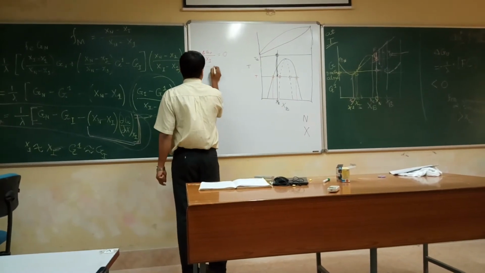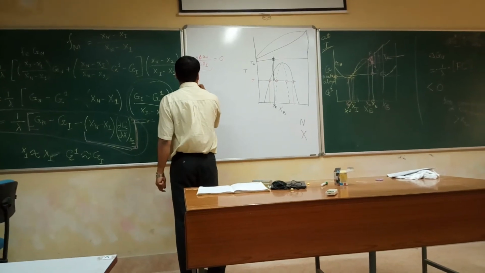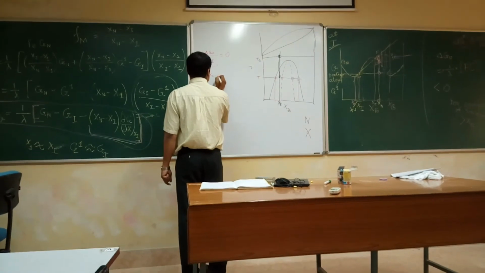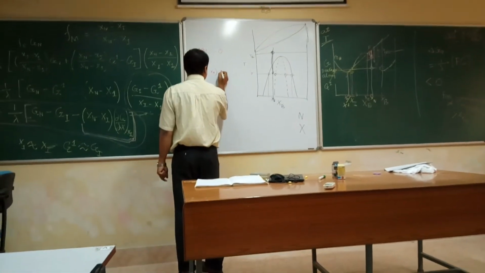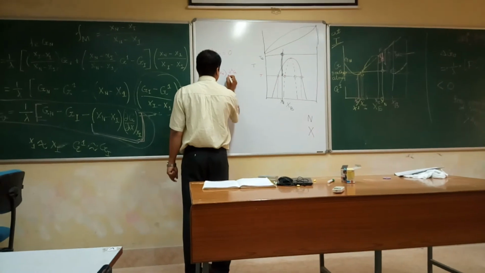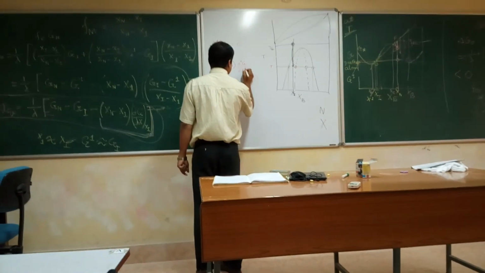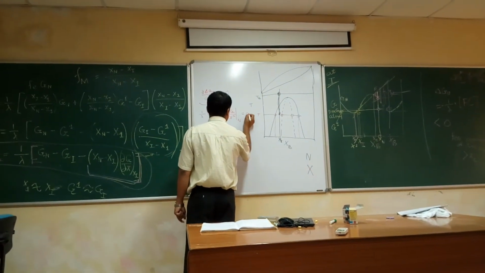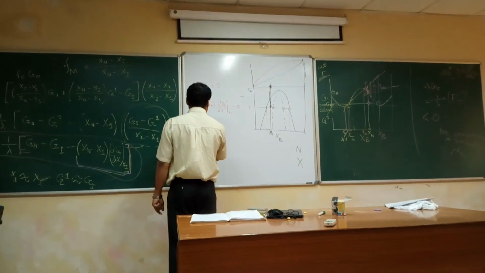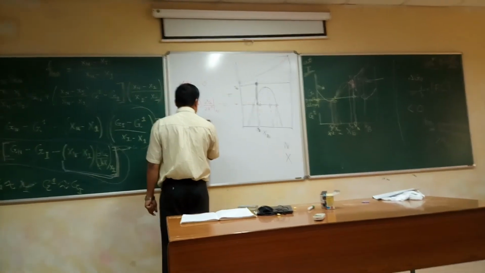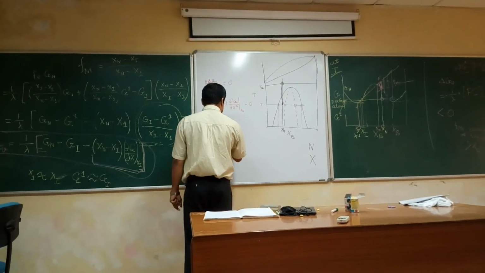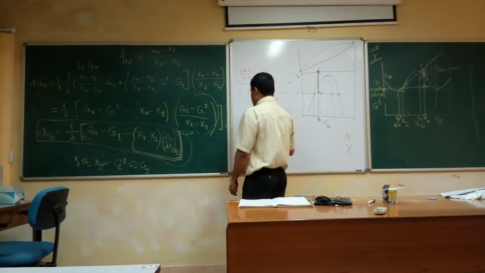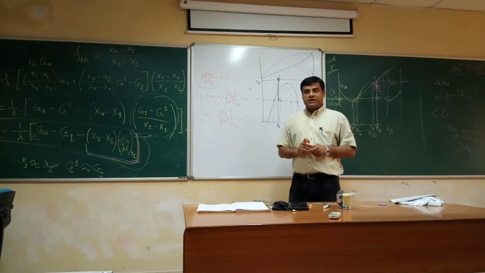So what is this expression? 1 over lambda, del squared G del X squared equals 0. So it is the spinodal point.